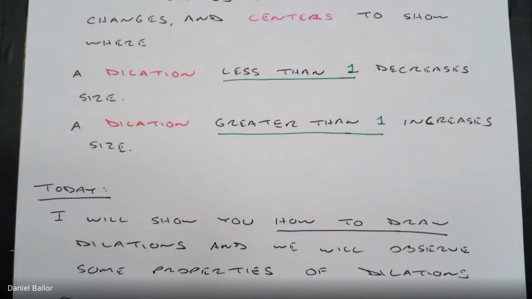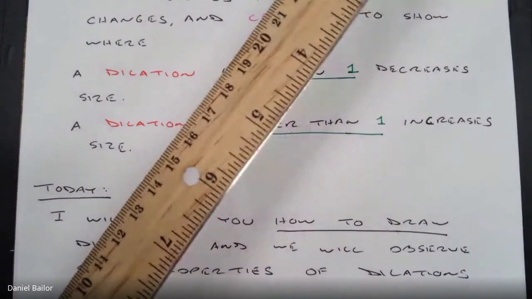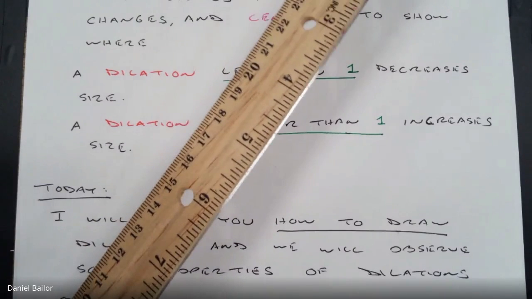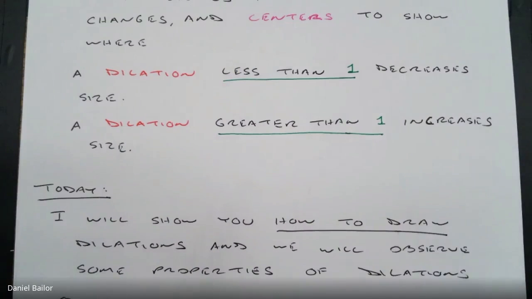You will also need a ruler with measurements on it to help you with the dilations today, because I'm going to show you how to actually draw them. So today we're going to practice being precise, paying attention to detail, and making sure that we have the most specific answer we can get.